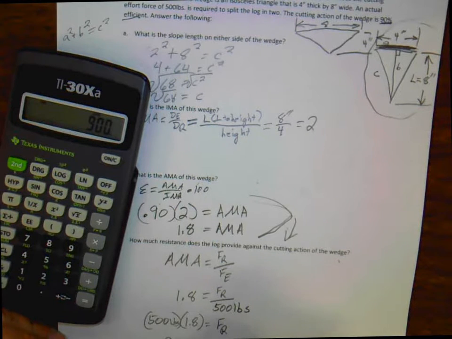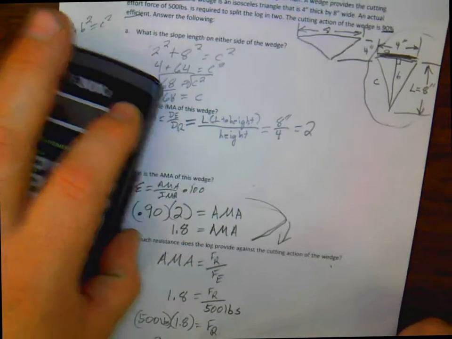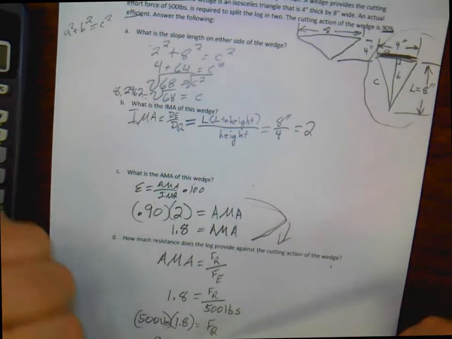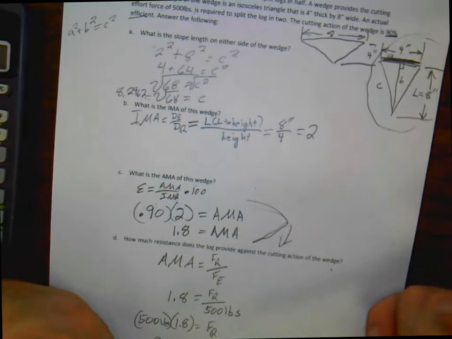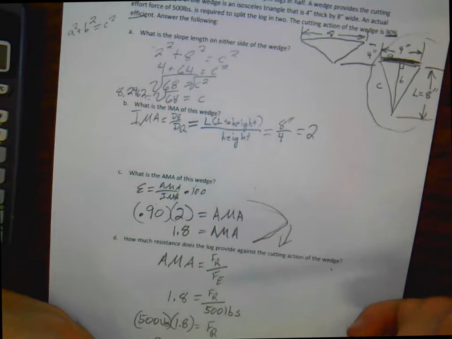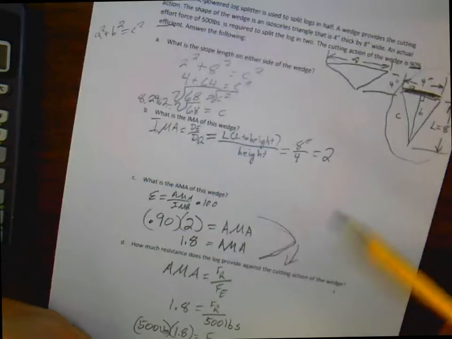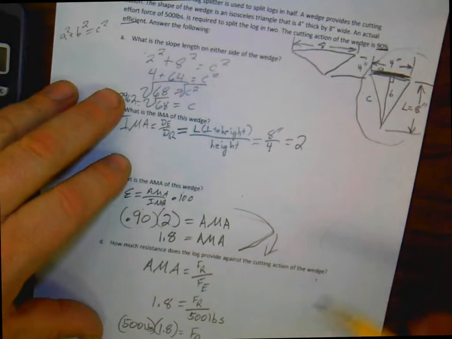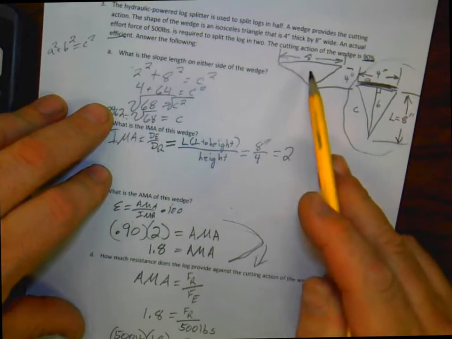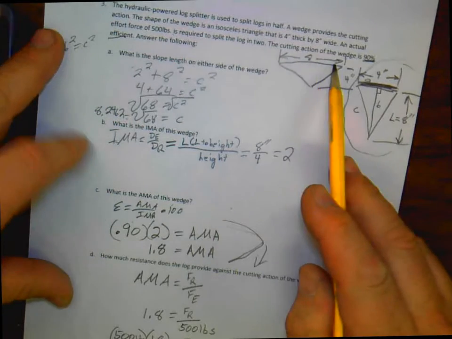So that's how we would get that. Now let's just see what would happen if we go the other route here, if this is what they mean. We can do some deductive reasoning here. If this is what they actually mean, our IMA here is actually going to be 4 over 2, or 1/2.